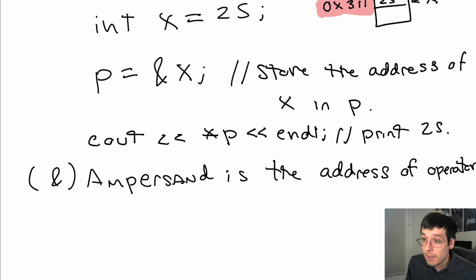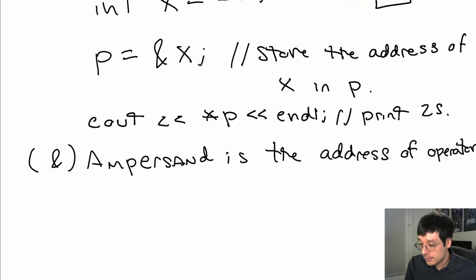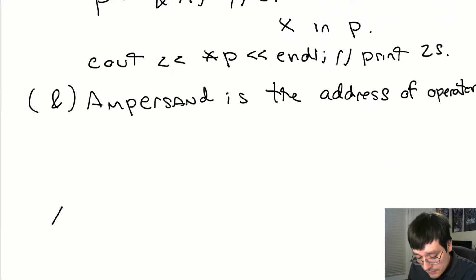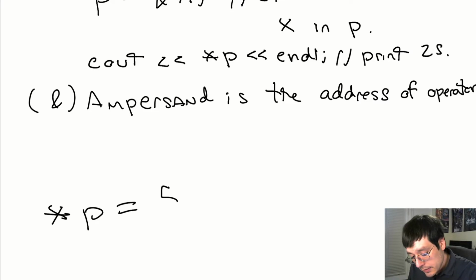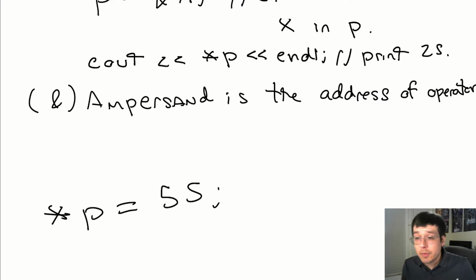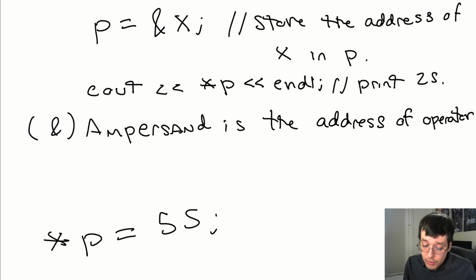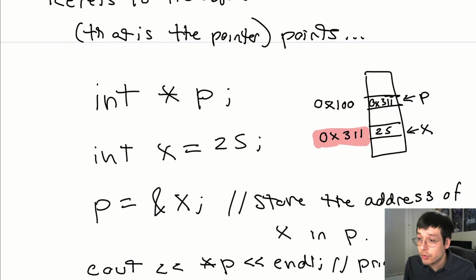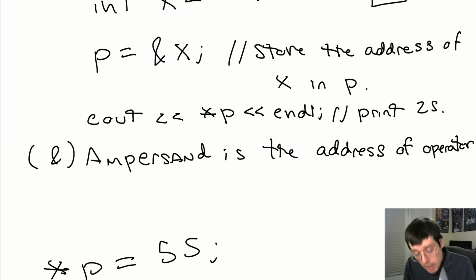But it doesn't stop there. It doesn't just stop at accessing. If I now go ahead and say dereference P gets 55, like asterisk P gets 55, this is actually going to do the following. It's going to go into whatever P is pointing to, which is 311. So whatever 311 address is, which is X, and actually modify that.